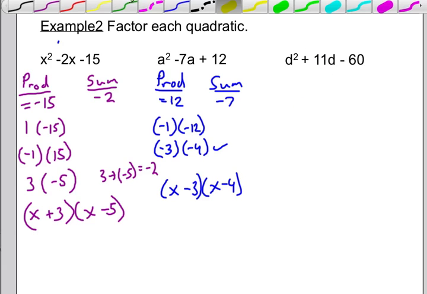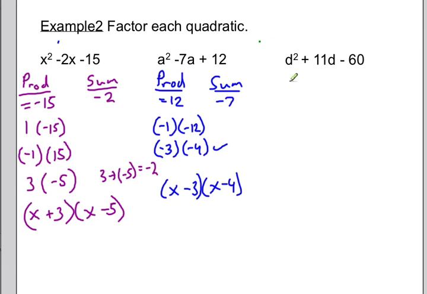Okay, in our final example, we need a product of negative 60 and a sum of 11. This one might be tricky because we have a lot of factors of 60. And the product is going to be negative 60, so one of the numbers has to be negative.